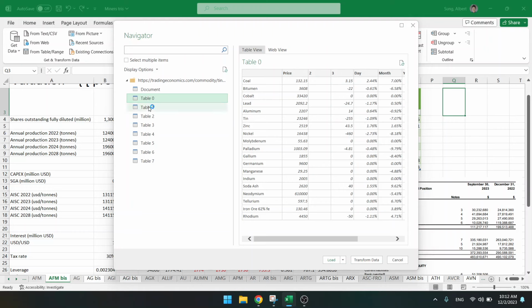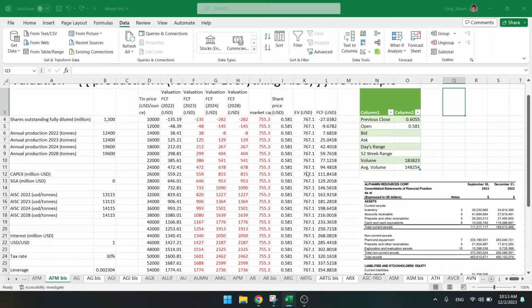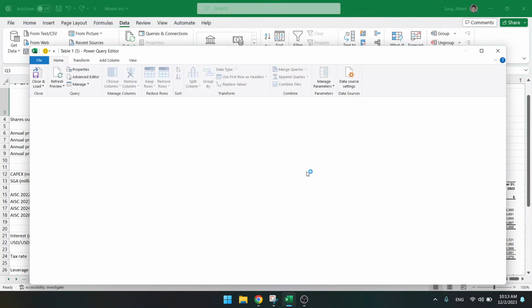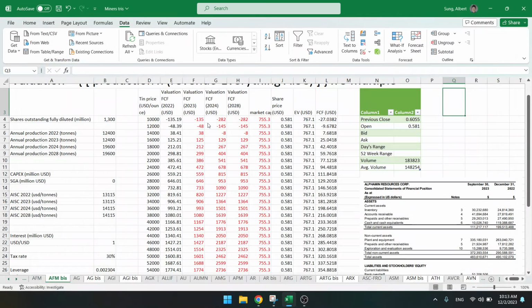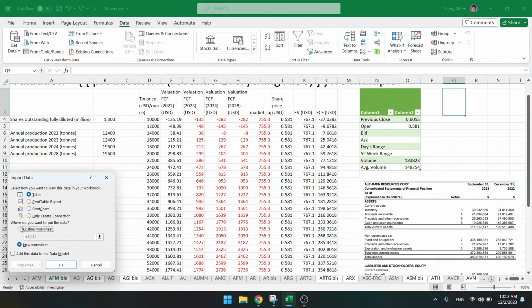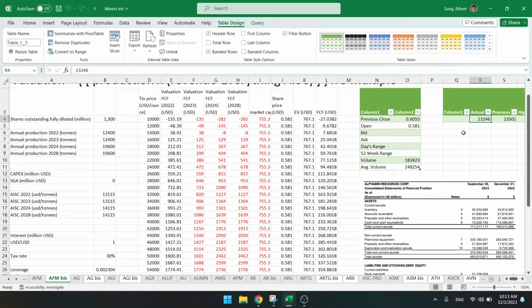So tin price comes from here. And load. So this is the tin price.